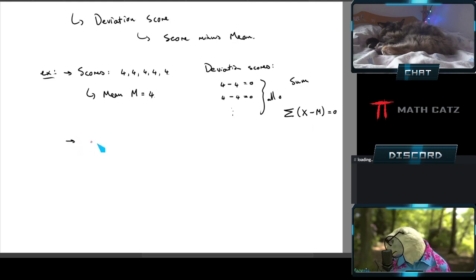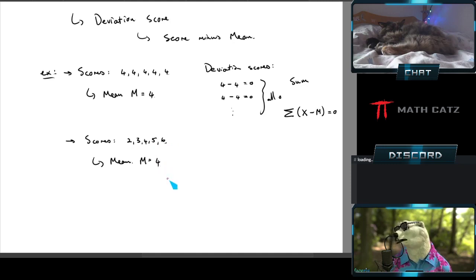Great. Why am I doing this? Well, you'll see in a second. If I have scores 2, 3, 4, 5, 6, not very creative, but maybe they were shuffled around, I don't know. The mean is, let's see, 2 plus 3 is 5, 5 plus 4 is 9, 9 plus 5 is 14, plus 6 is 20. 20 divided by how many there are? 5. It's still 4. It's the same mean, same position.